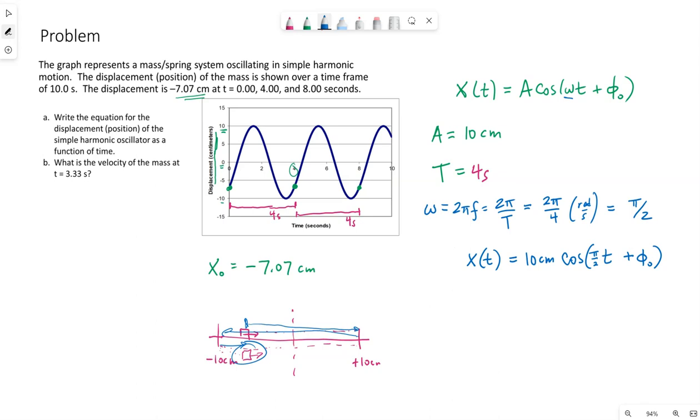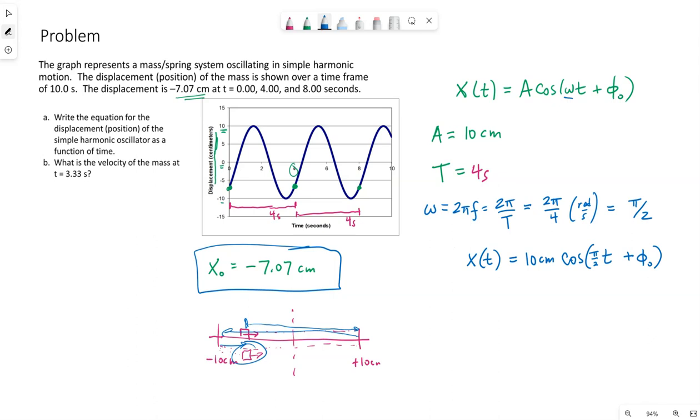A regular cosine function in and of itself starts at a maximum positive value. So this particular graph is not starting at a positive maximum value. So we need a phi naught value to represent how that function is shifted and thus account for this initial position.